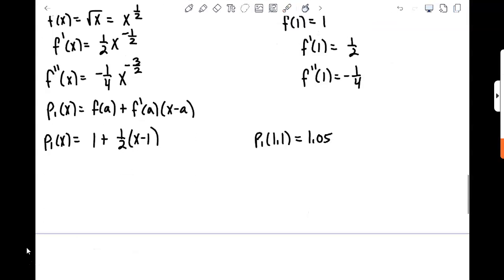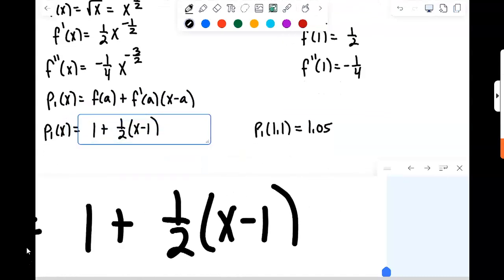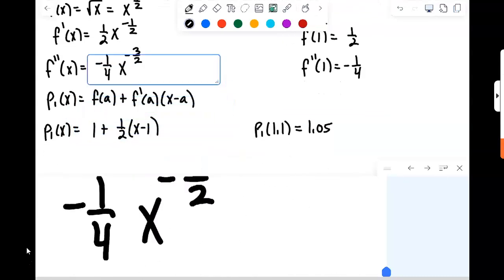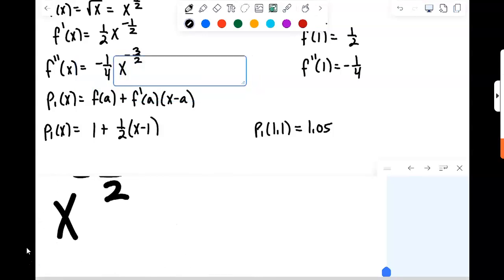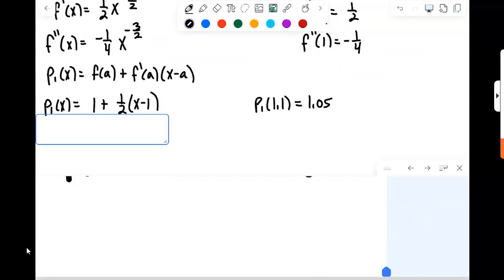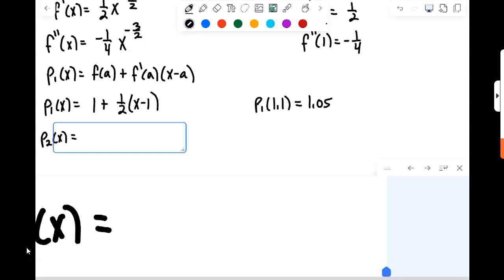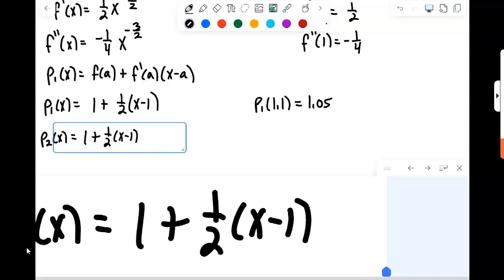Okay. So then let's look at P2. Now P2 is going to involve the first 2 terms of P1, and then it's going to be plus half of f double prime, right, times x minus a to the second power. So our P2 approximation is going to be our linear approximation, 1 plus 1/2 x minus 1.